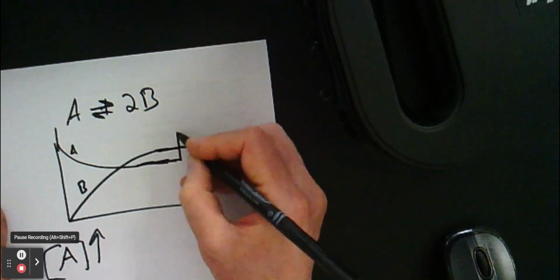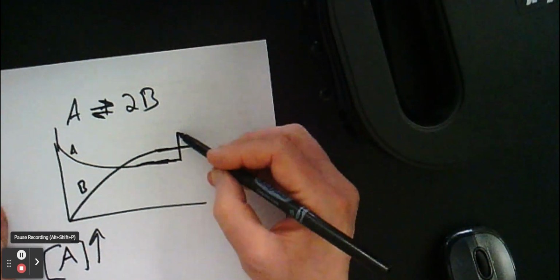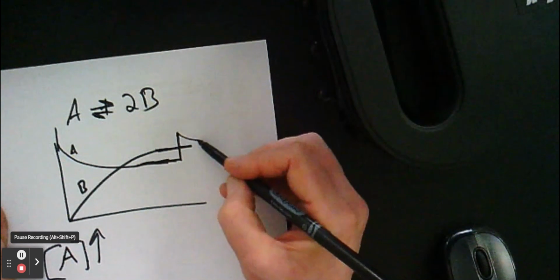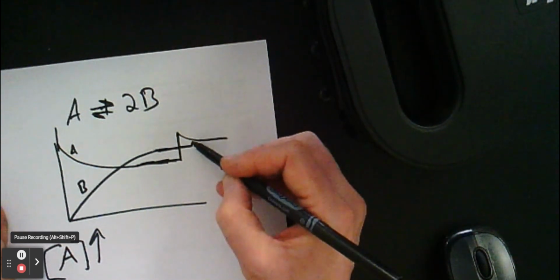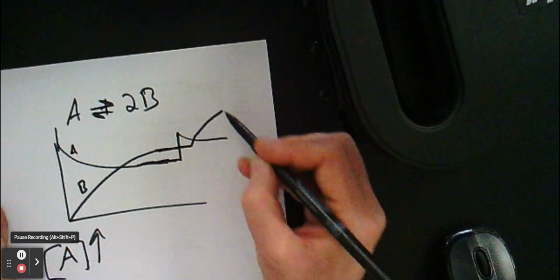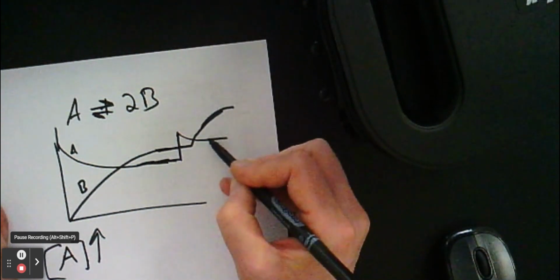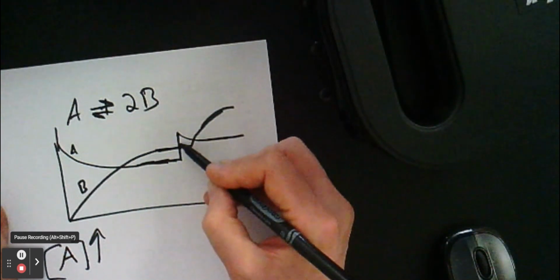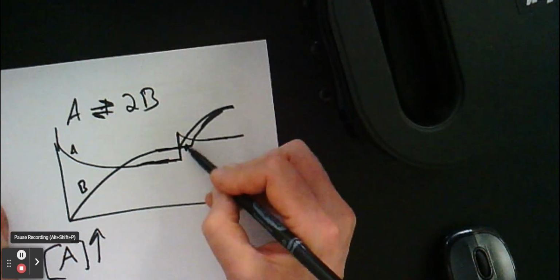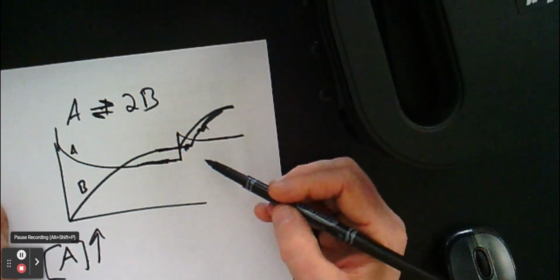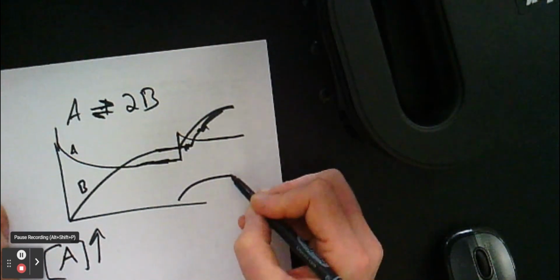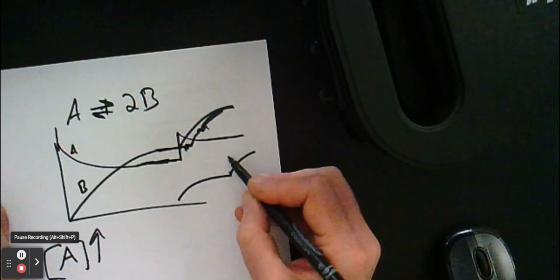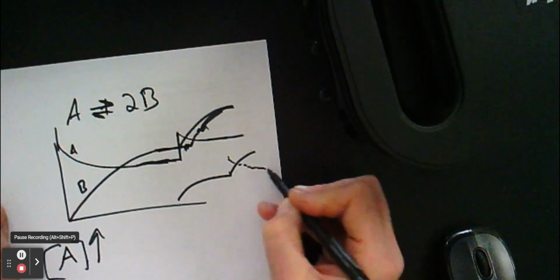That's not going to affect B. A is then going to tend to go down like that, and B is going to tend to go up at double the rate, like this. And that's how it would look. So B would go up, flatten, and then when A spiked, it's going to start increasing as A decreases. All right.